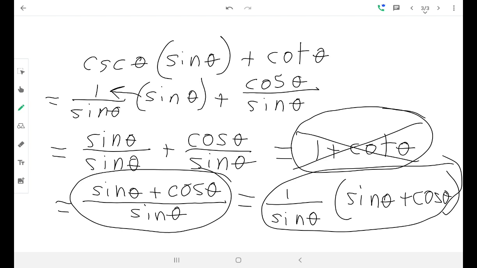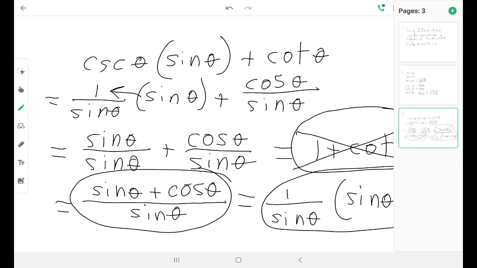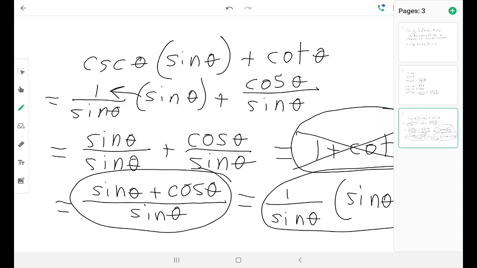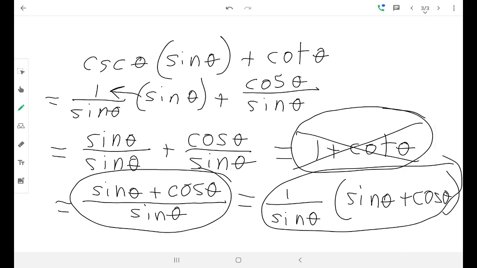For the person who asked about this problem, or about these types of problems, what I would say is if you write everything as sine and cosine, if you look at these identities here, it will take you very far, because you're going to have stuff that cancels, kind of like this one here.